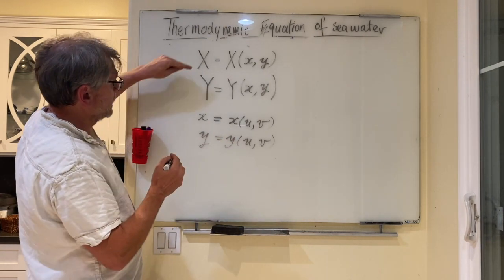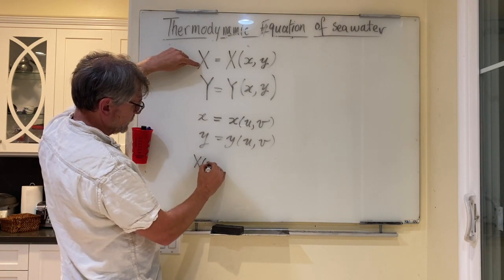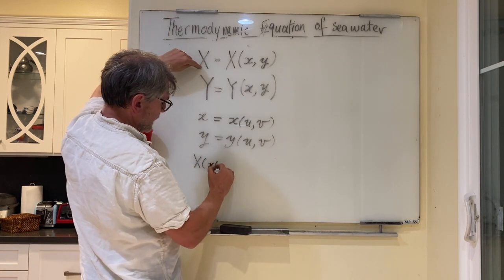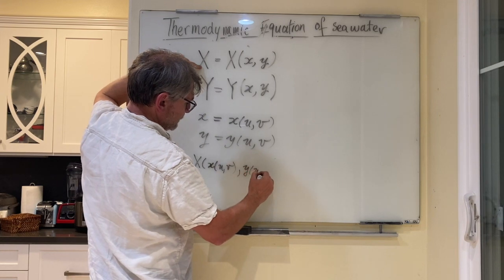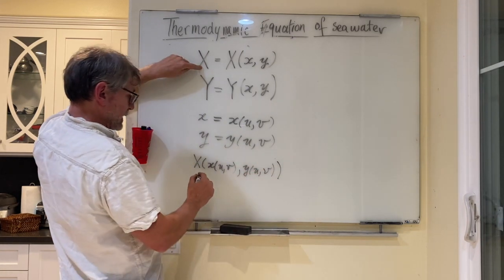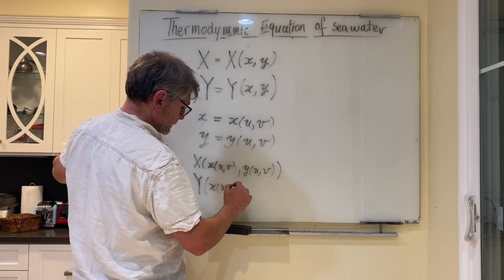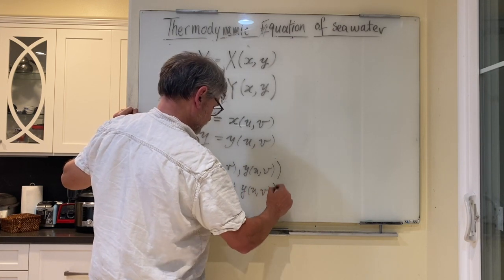So if I now write X as a function of u and v, that's going to be big X of little x of u and v, and little y of u and v. And same thing for big Y, little x of u and v, and little y of u and v.